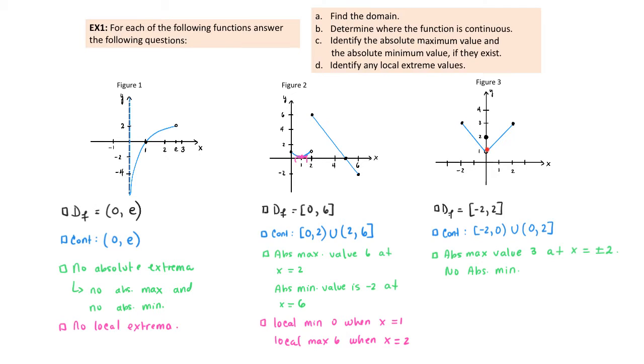I have a place here where my function is not differentiable. The derivative doesn't exist. So if I consider a small interval around it, let's say here and here, going up to my graph in this way, then within this small interval, 2 happens to be the highest y value.